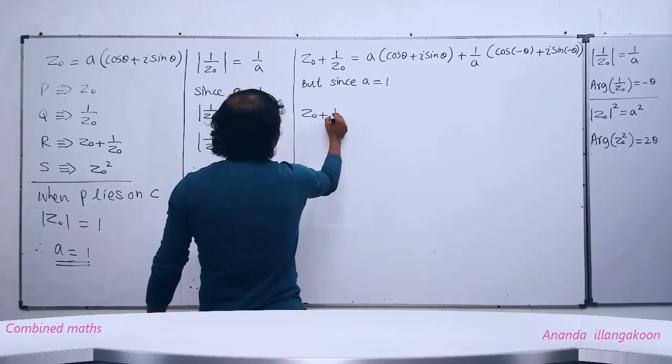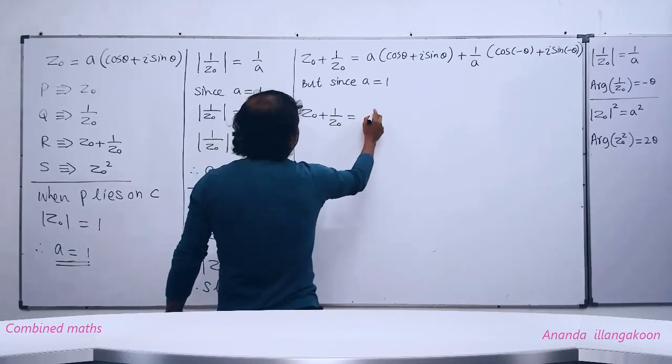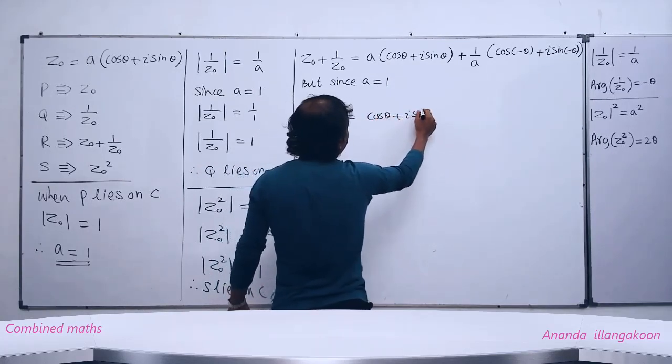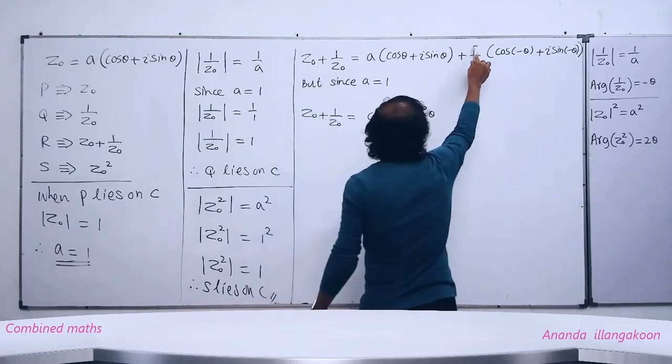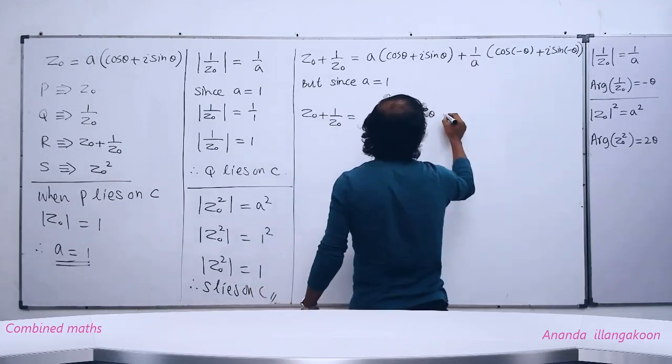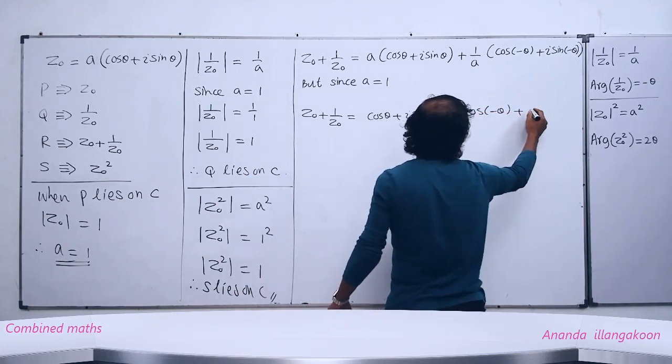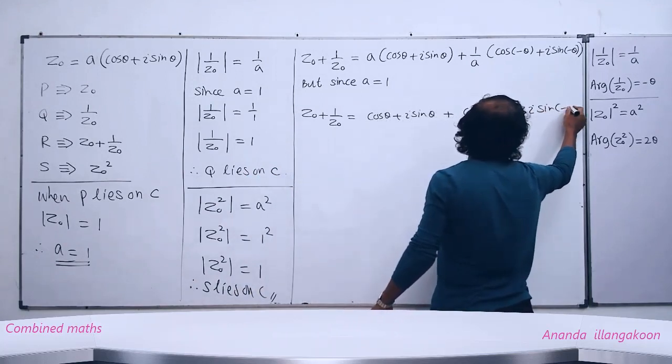Z0 plus 1 upon Z0. We get A cos theta, that means 1 cos theta plus I sin theta, plus 1 upon 1 is 1, cos minus theta plus I sin minus theta.